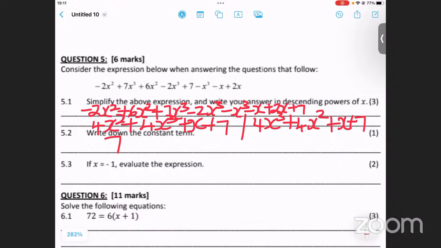Perfect. Was that Babalelo? Yes, ma'am. Okay, cool. Now, if we are replacing all the x's in this expression with -1, what do we end up having?